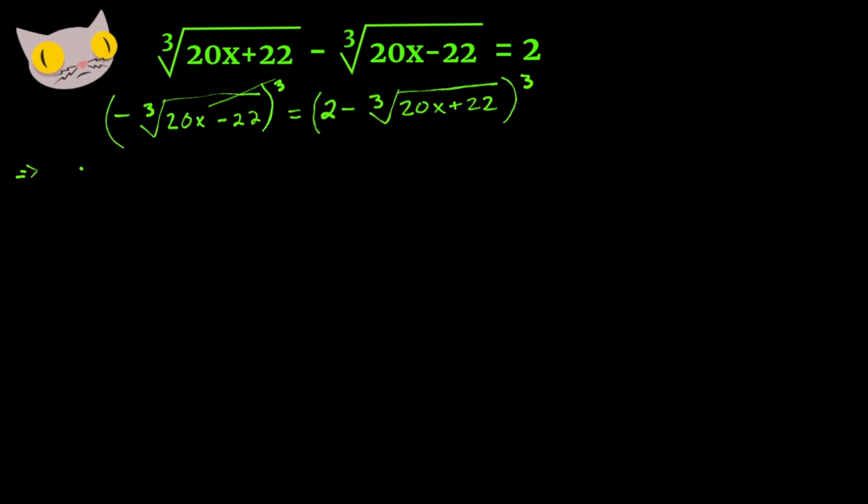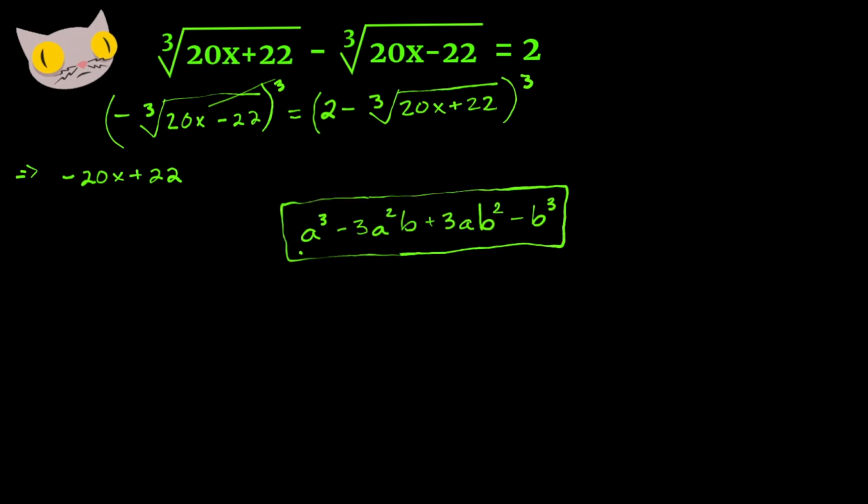That's going to give us negative 20x plus 22 on the left side, and on the right side we need to use the perfect cube rule to solve. This is the perfect cube law. It states that we need to take a cubed minus 3 times a squared times b plus 3 times a times b squared minus b cubed.